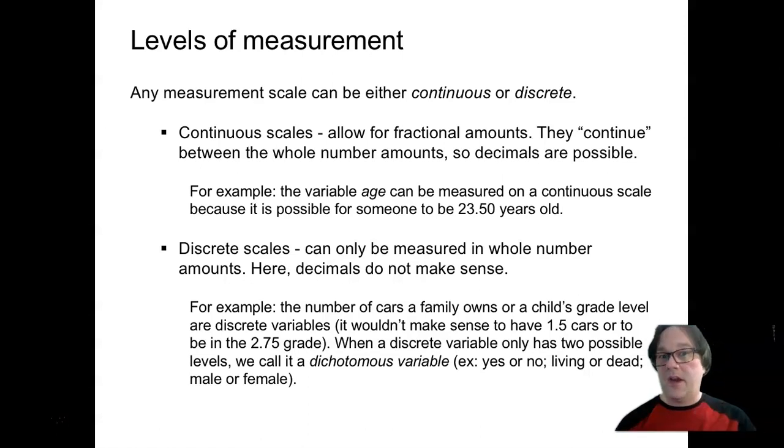So think of dichotomous or dichotomy meaning two. You only got two options there. So true and false would also be an example of that. If you got a true and false question on an exam, that would be a dichotomous question. So dichotomous variables are not always the most helpful.